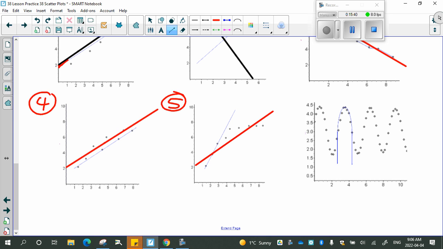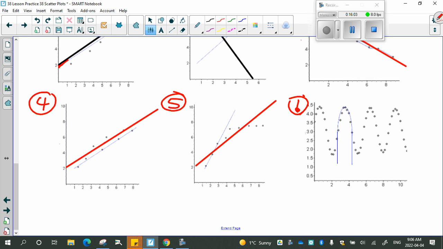It would have to have a less steep slope for sure, right? And the same number of points on each side, ish, okay? If I was forced to, but I would say no, that looks more like a curve to me. And this one they have drawn in a curve of best fit, which is what it should be.